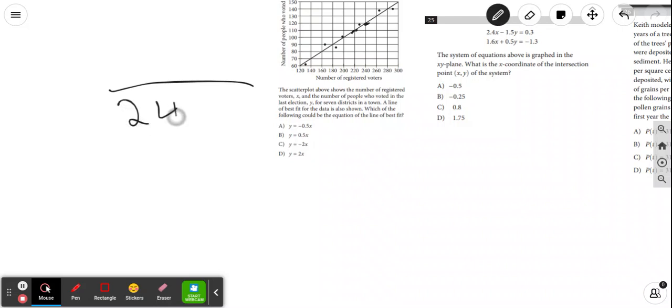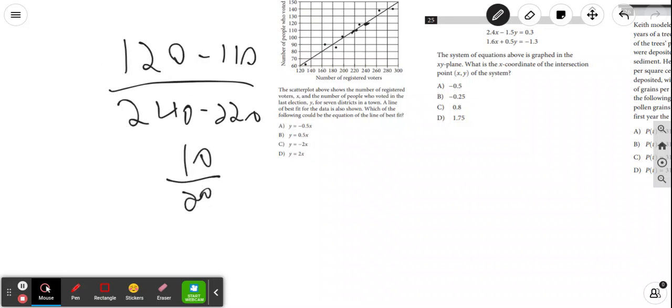So 240 minus 220 over 120 minus 110. Okay, so you should get 10 over 20 or around 0.5.